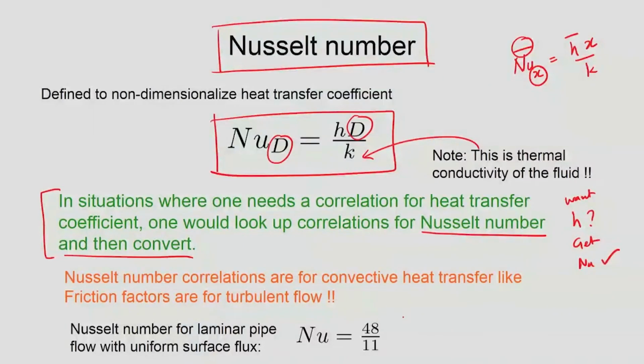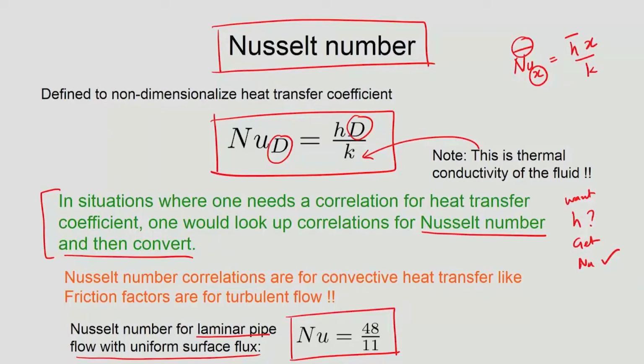Okay, and the reason why this Nusselt number derivation is important is because it comes up in a very elegant manner. It says that Nusselt number is just 48/11 for laminar pipe flow along with the uniform surface flux conditions. So, you could see that even when the surface flux is not constant, but you would have a constant surface temperature, then Nusselt number will come to be a constant, but it will not be 48/11, it will be some slightly lower number.